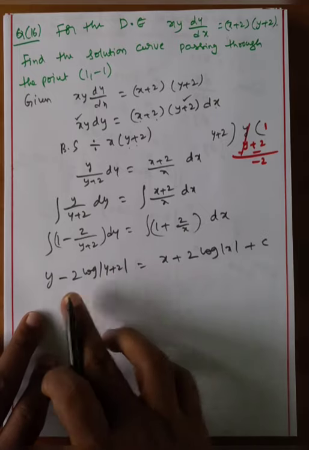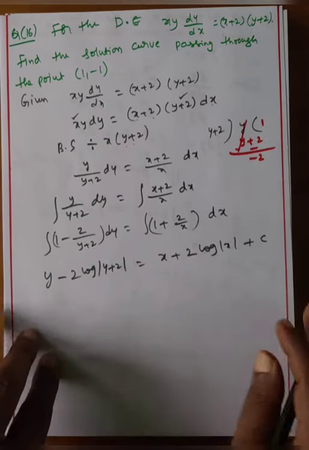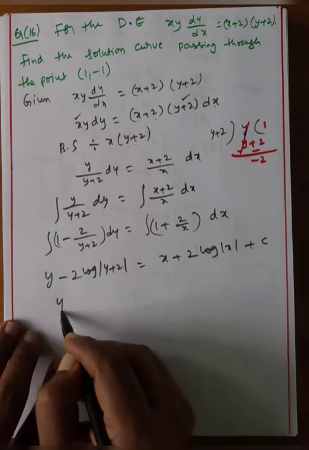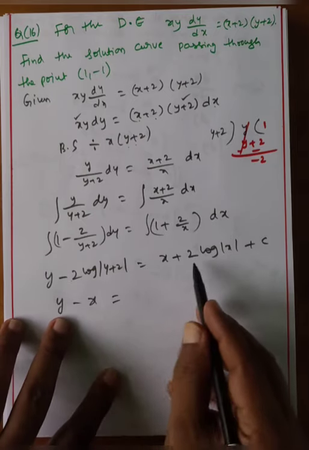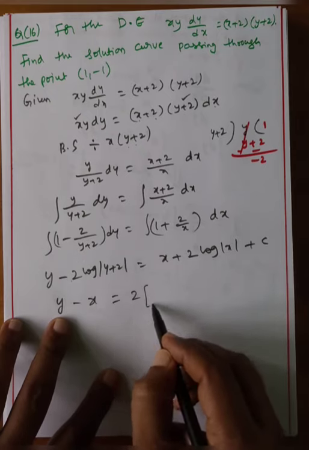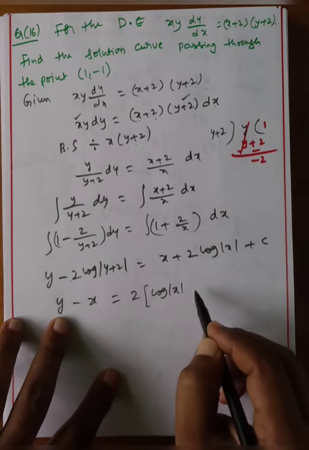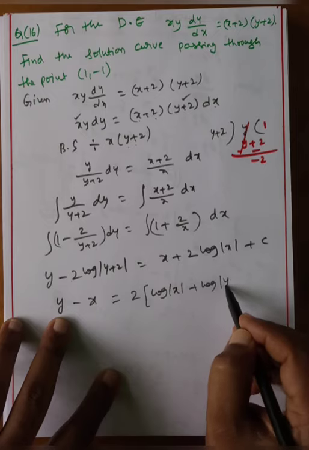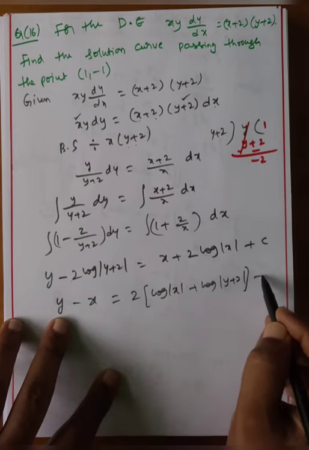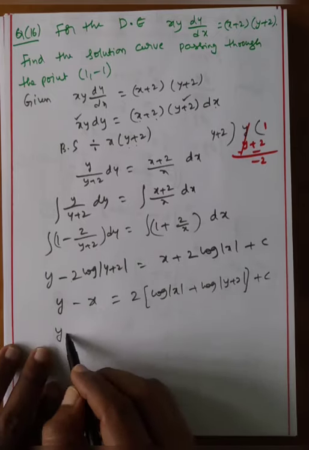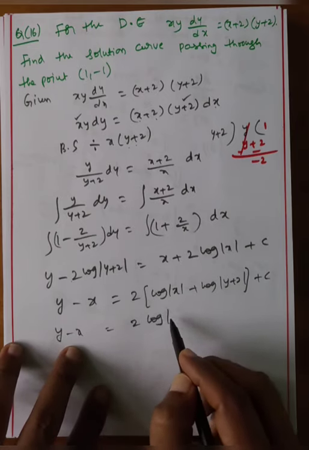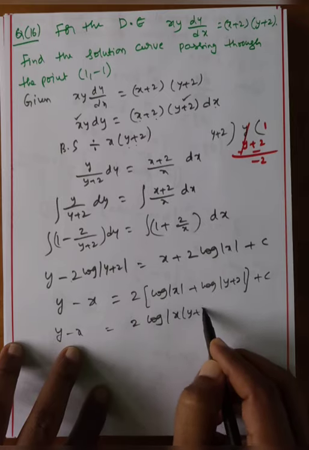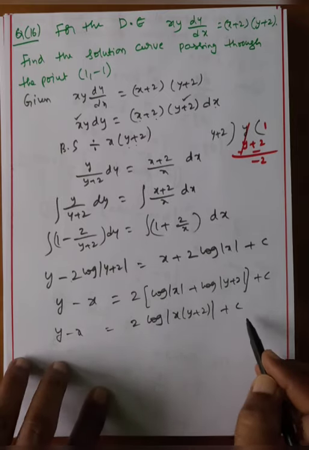Here y and x go to one side and the -2 to the other: y - x = -2 log|y+2| on this side means +2 taken common, 2[log|x| + log|y+2|] + c. Since log a + log b = log ab, y - x = 2 log[x(y+2)] + c. This is equation number 1.